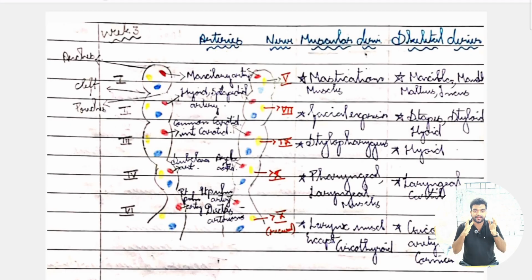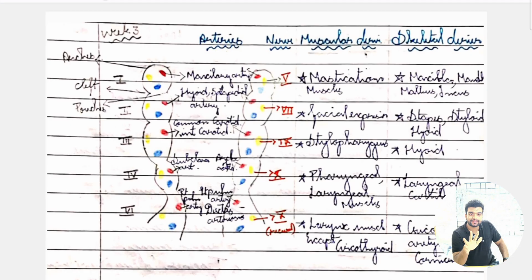These are the important cranial nerves of head, neck and face. So these nerves will be the ones that will be supplying head, neck and face. You remember, right? Those things are what is going to save you in the exam. 5, 7, 9 and 10.